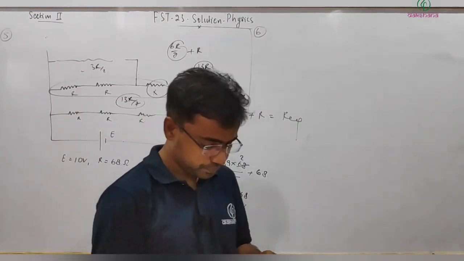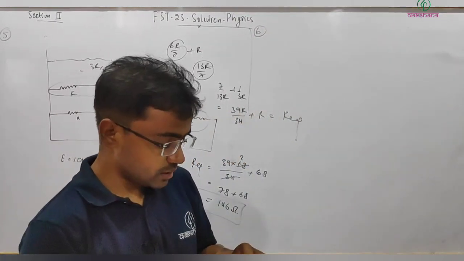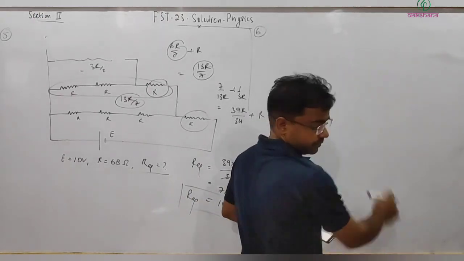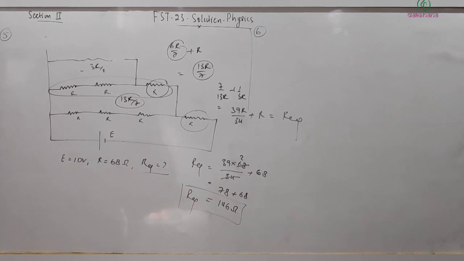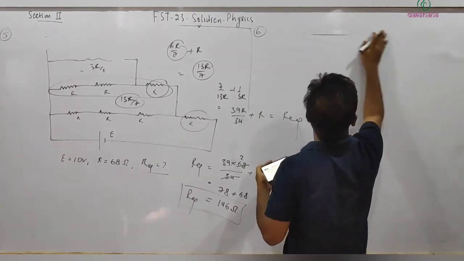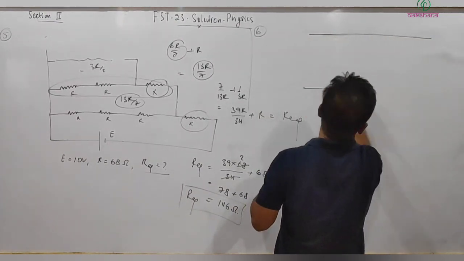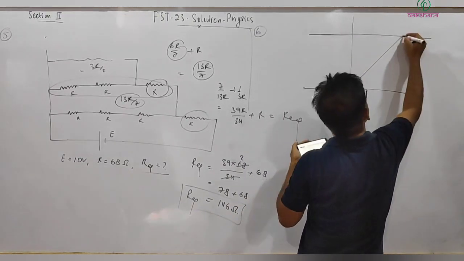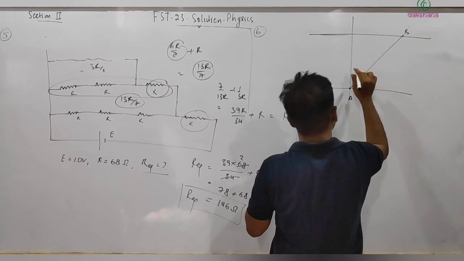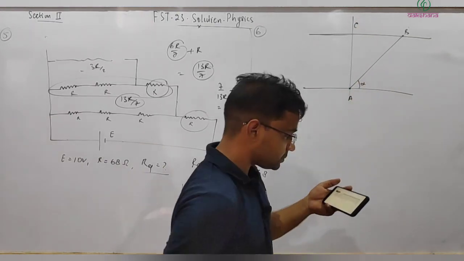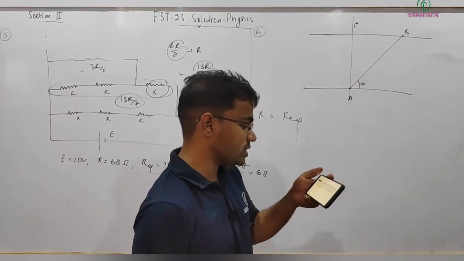Next, question number 6. A boat runs between points A and B. So this is a river. Let me draw the diagram. This is a river, and here is point A, this is point B, and this is angle alpha, this is point C, and the boat is constantly on the line AB.